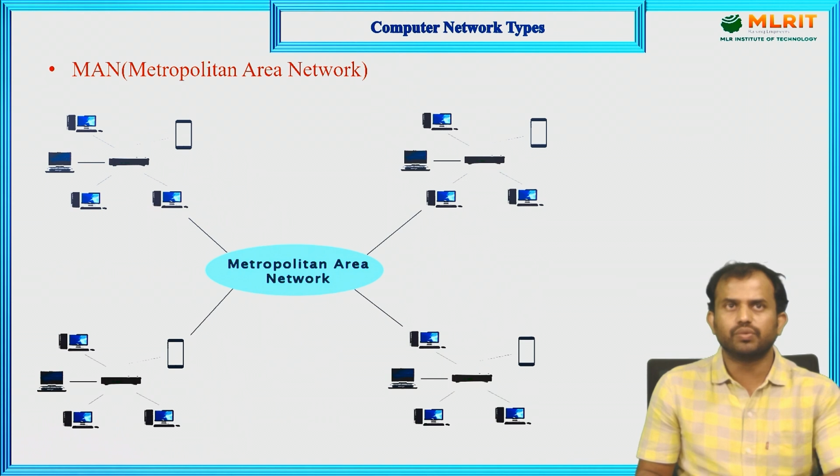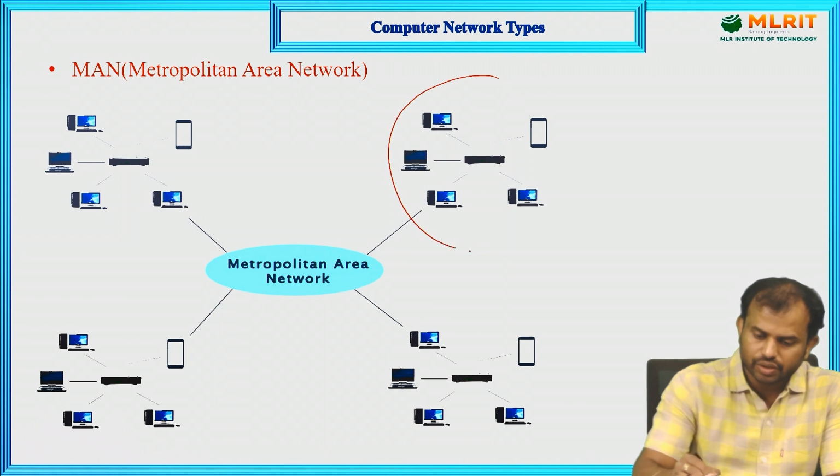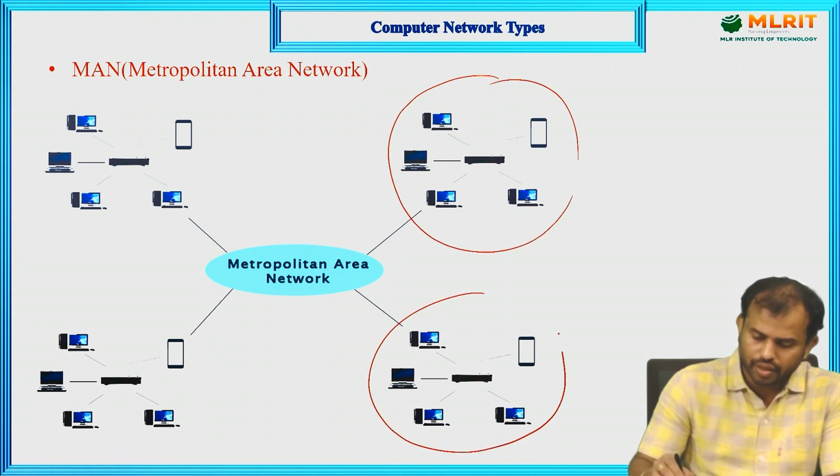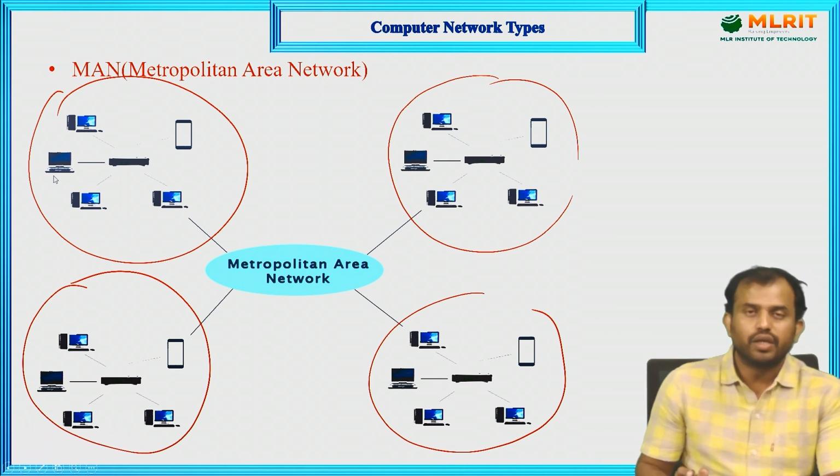And the next important one, we call the metropolitan area network. There are n number of LAN connections, which means it can communicate across a metropolitan region.